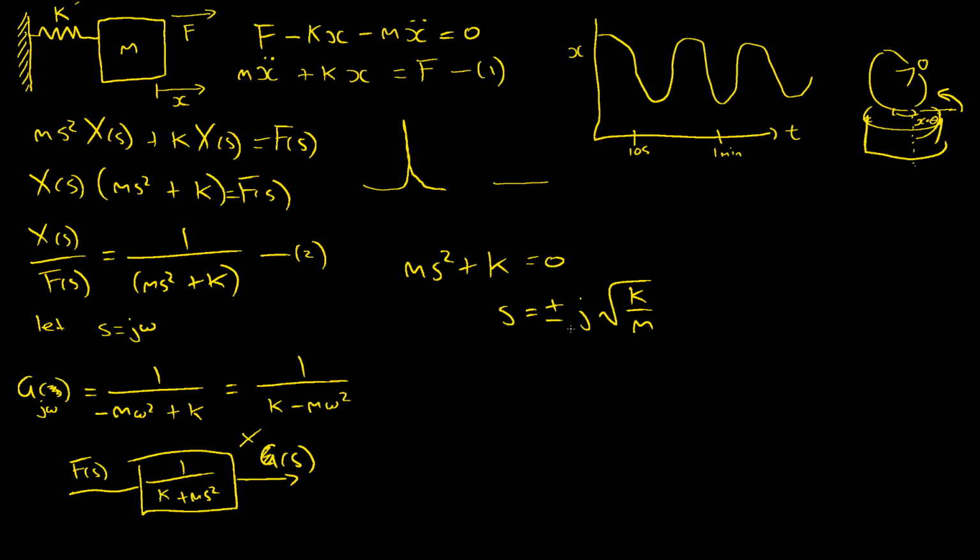So what you can see is if our k over m is equal to 1, like it is in our MATLAB example, we should have s equal to plus or minus j, or plus or minus 1 on the imaginary axis. And that's what we see. We have a complex conjugate pair with that exact thing. So the MATLAB example matches our theory, and we can get our poles this way.